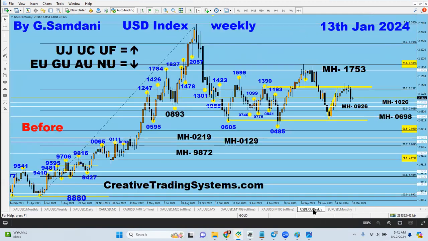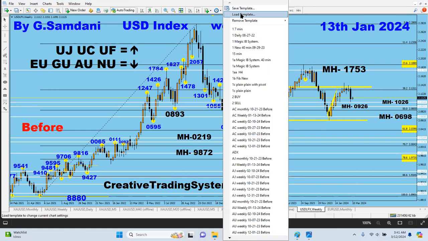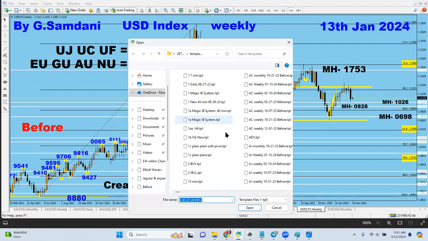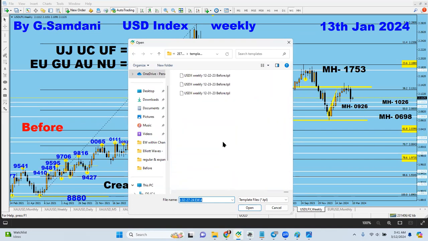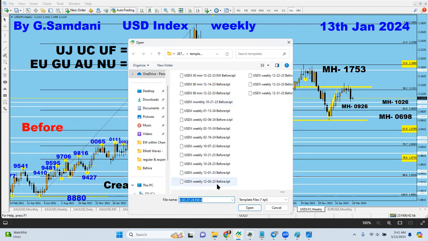Let's take a look if I have the charts. I made the chart here, and I don't know if I have the latest template. Load template. Let me see. Okay, USD weekly, the December, February 19.